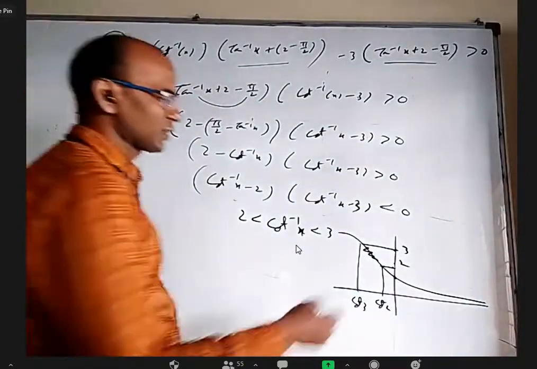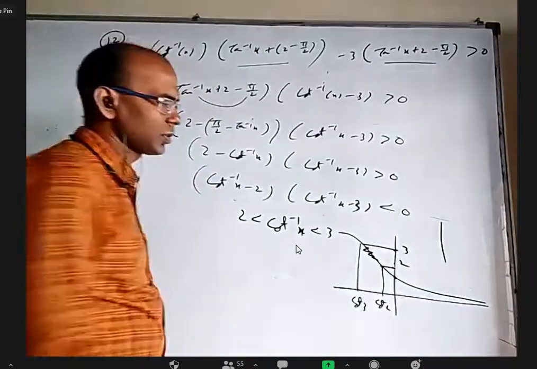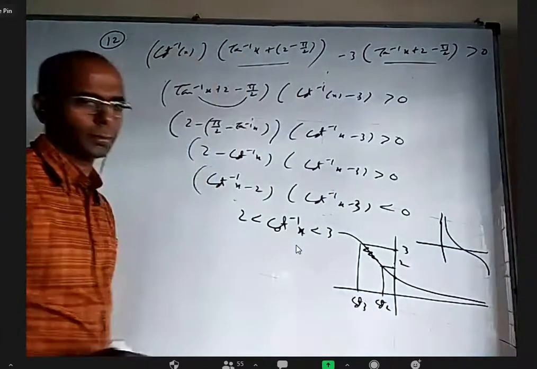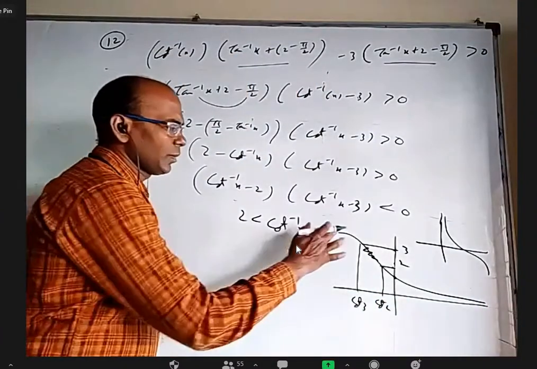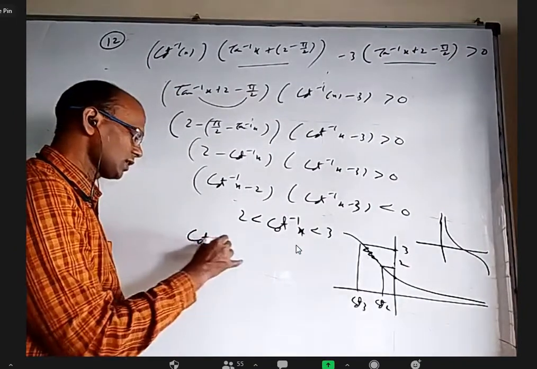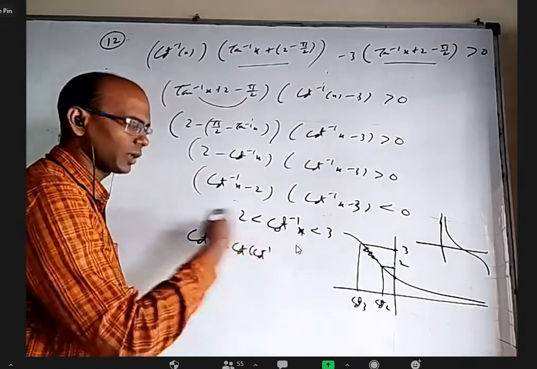Even cot is a decreasing function. Forget cot inverse; you don't need to know the cot inverse x graph. I can apply cot on both sides. If you look at the cot graph, it will be like this. Because it is decreasing, when you apply cot, the inequality reverses. So cot 3 is less than cot of cot inverse x. I'm applying cot everywhere.